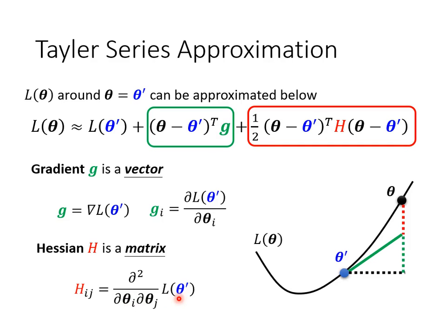The result of the secondary derivative is this Hij. If you don't understand well here, it doesn't matter. Anyway, you just remember this L of theta. This loss function, this error surface near theta prime, can be written like this. This formula is related to two things. It has something to do with gradient. It has something to do with Hessian. Gradient is first-order differential. Hessian contains second-order differential.